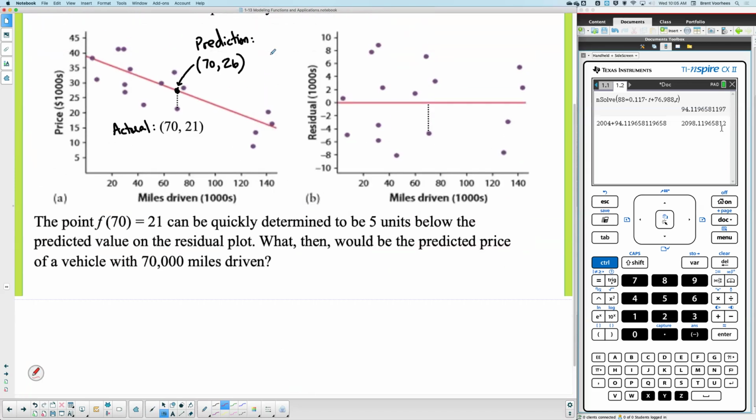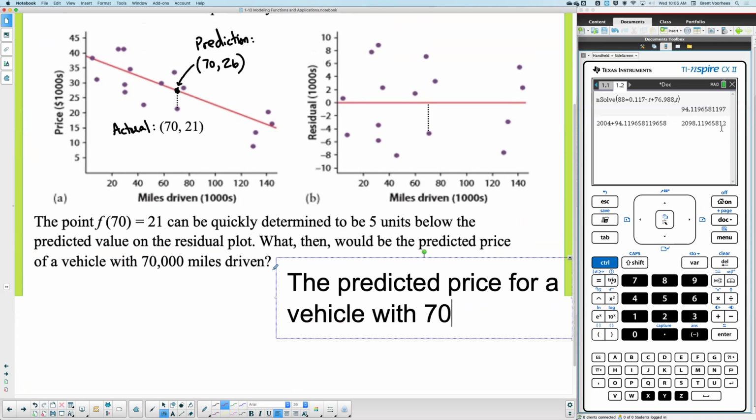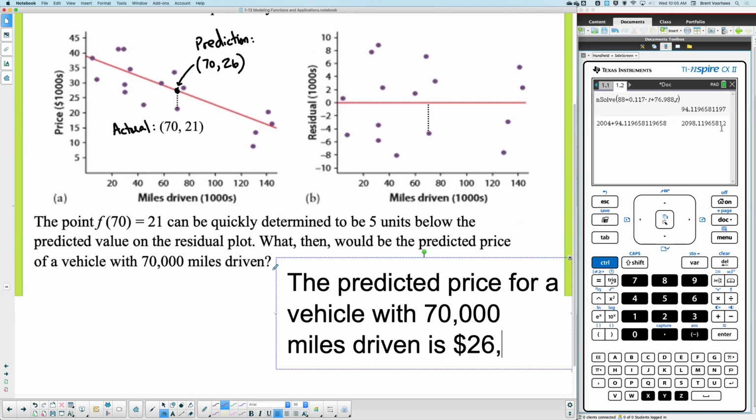Now, how do we get that? Because this 26 is in, what units? Thousands. Okay, so make sure we add that to the note. The predicted price for a vehicle with 70,000 miles driven is $26,000.